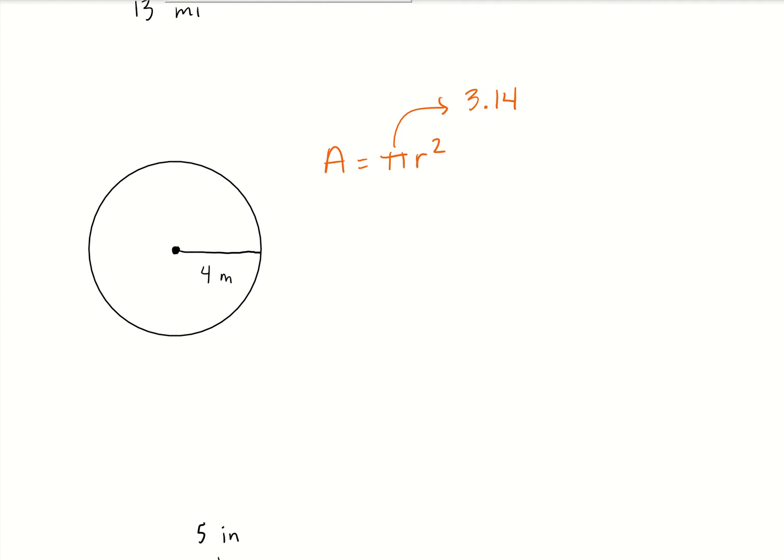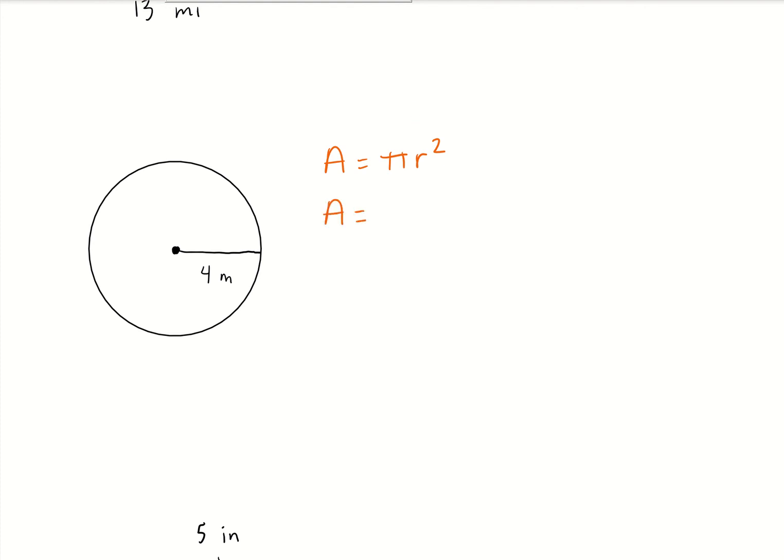However, I like to use pi whenever possible, just because that's going to give me a much more accurate answer. The r stands for radius. The radius is the distance between the point in the center and any point on the edge of the circle.